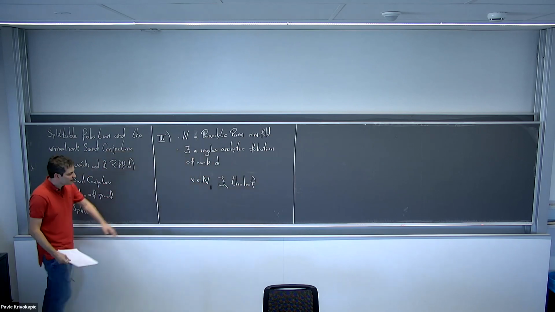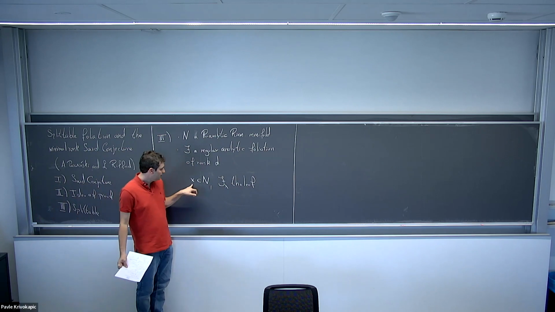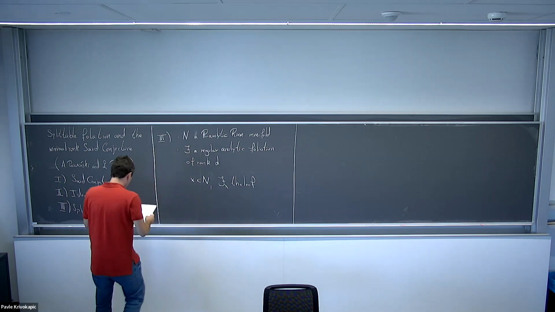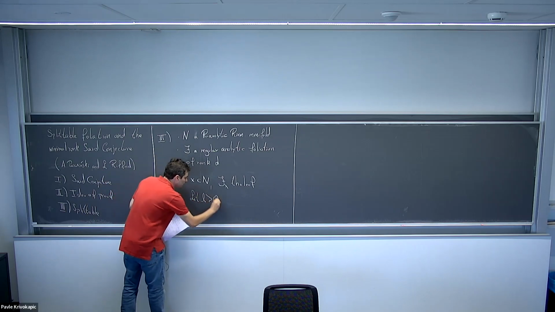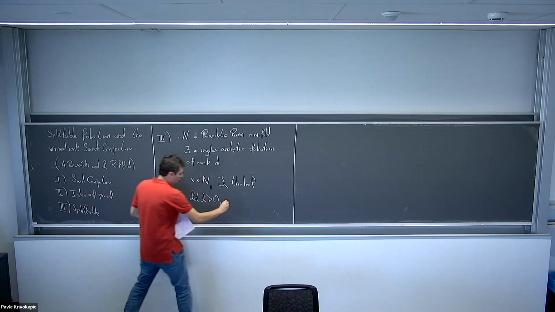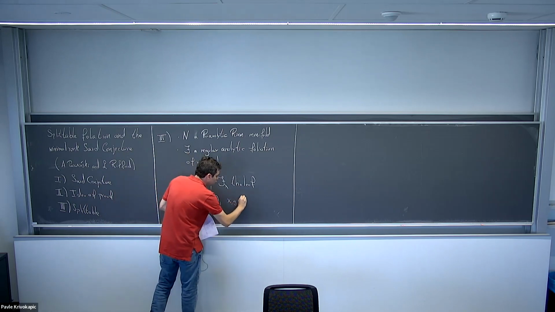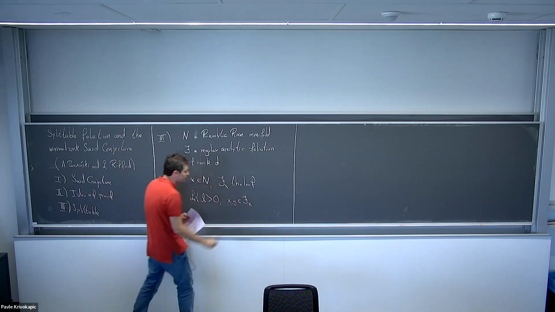And I want to understand the points which have distance inside the leaf of a fixed length. So let L be bigger than 0. I will consider x and y, two points in the leaf.